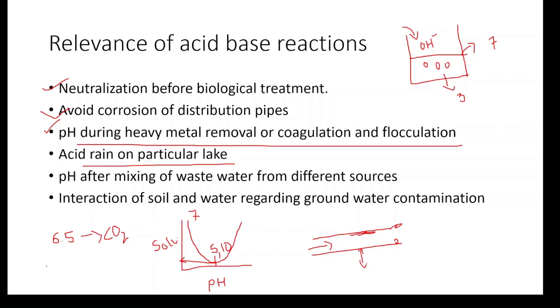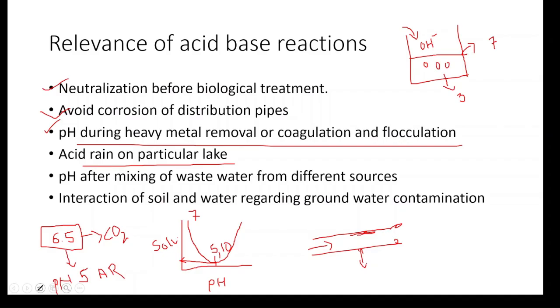But sometimes this pH can go down to 5. When the pH becomes 5, we call that rain acid rain. Above 5, we do not term it as acid rain, even though the pH is in the acidic range, but that is not problematic. When the pH reduces to 5, then we start calling rain acid rain.